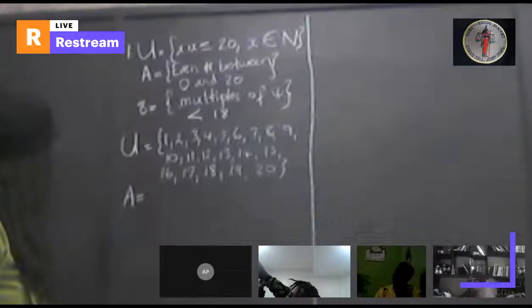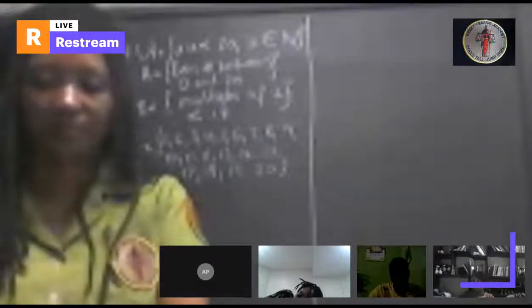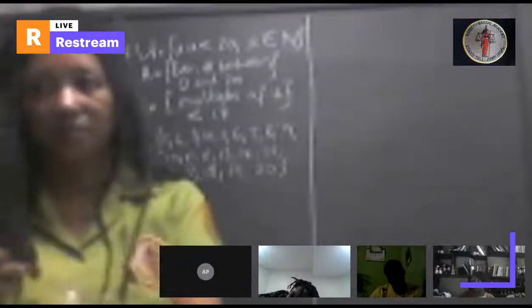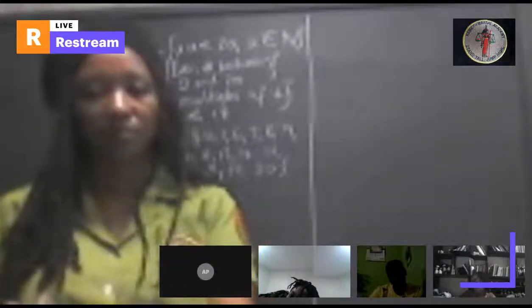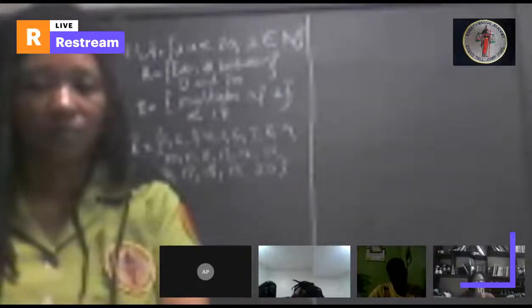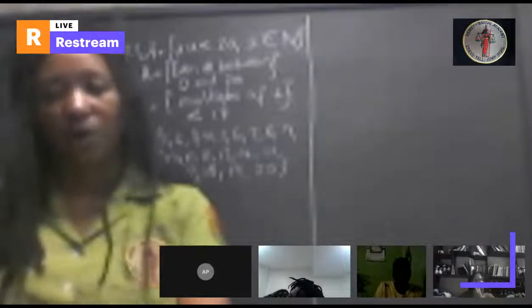What are the even numbers between 0 and 20? 2, 4, 6, 8, 10, 12, 14, 16, 18. Define even numbers for me. They start from 2 and go up by 2 each time.